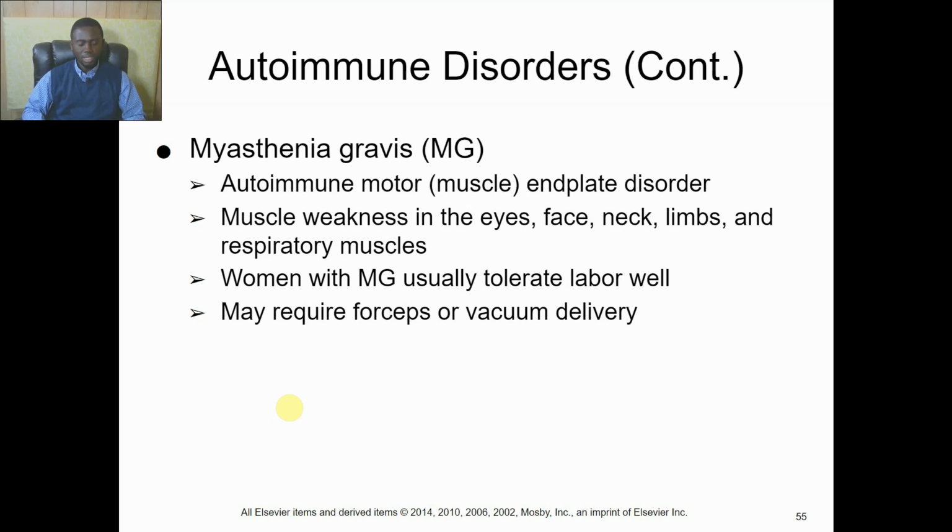Women with myasthenia gravis usually tolerate labor very well, but they can have complications related to the respiratory system, and so they may require forceps or vacuum delivery if any of these complications occur.